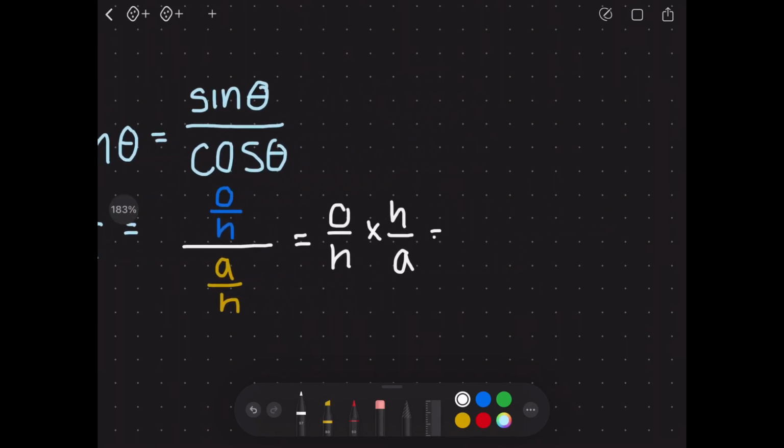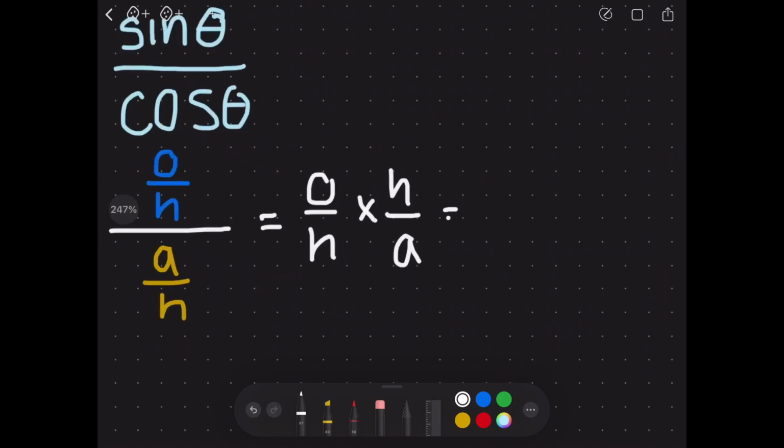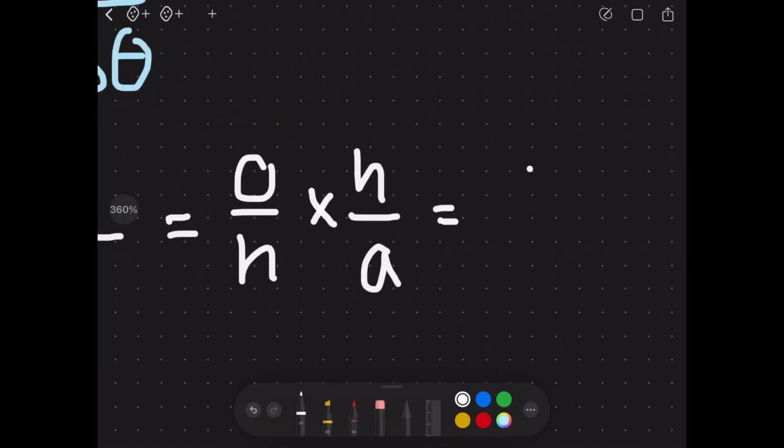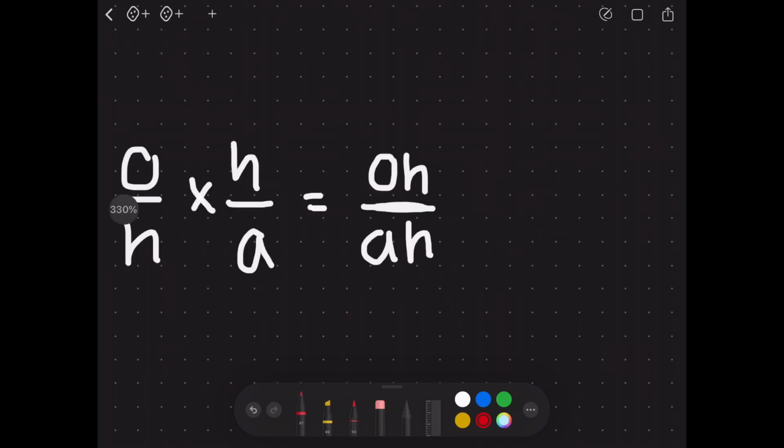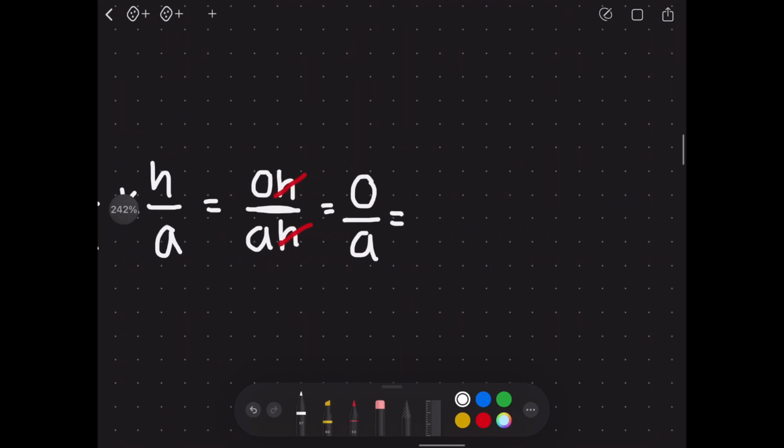Now you're going to simplify that, so it's opposite times hypotenuse over hypotenuse times adjacent. You can cancel out the h's and you're left with O over A, which is known as tangent.